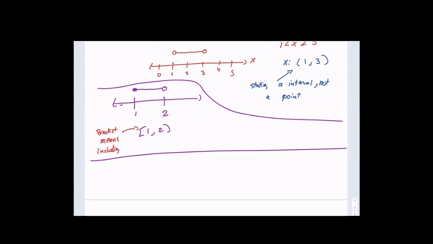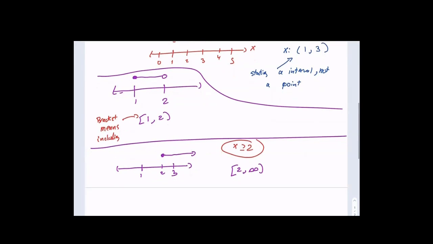One of the tougher pieces of information is the idea behind infinity. Oftentimes we're going to get problems with 1, 2, 3, and a closed circle at 2 that goes on and on and on. Traditionally you would say this is x greater than or equal to 2, but for our purposes, we write a bracket, because it can equal 2, 2 to infinity.